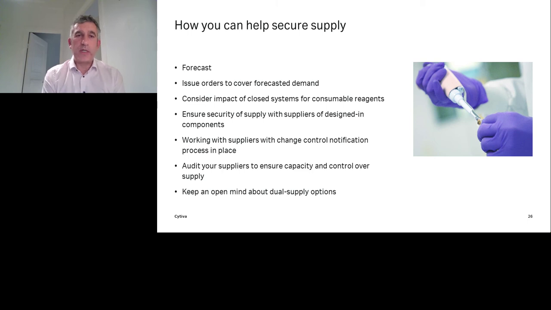It's important to have a robust supplier audit process in place as part of a way of keeping control over supply. And despite the change control burden, it's important to keep an open mind about the possibilities of dual supply options.